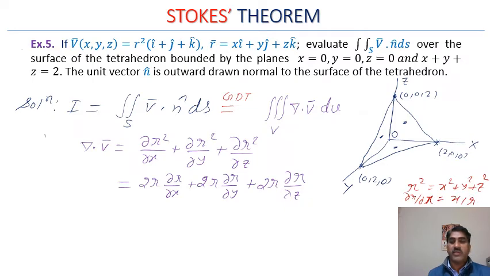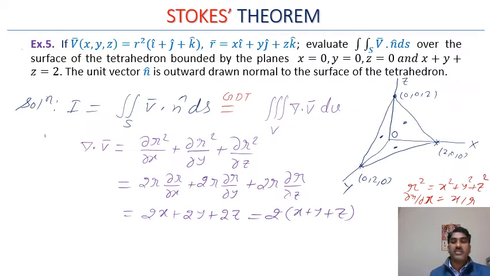So we get 2r times x by r, 2r times y by r, and 2r times z by r. You can see r gets cancelled, so we just get 2x plus 2y plus 2z, meaning 2 times x plus y plus z. This is our divergence of v.